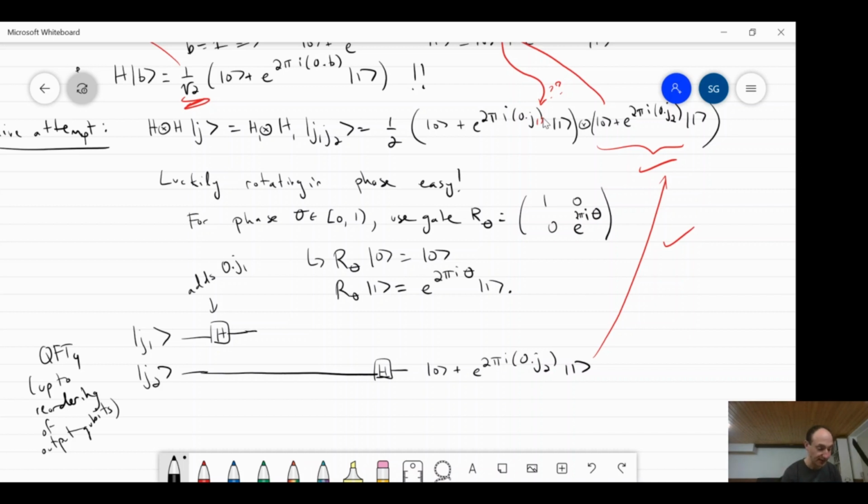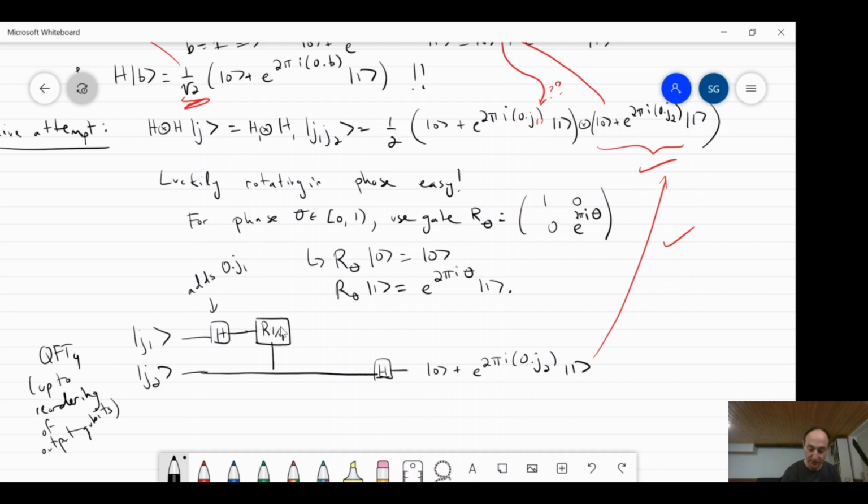Okay, so I get here, but now I need to rotate in the J2, and the way I'll do it is that it's got to be a phase, and the right choice of angle to take is 1/4. So why do you see a quarter here? Well, intuitively, you want to put J2 into the second slot in the decimal expansion. And the second slot in the decimal expansion is for the power 1/4, or 2 to the minus 2. So we have to shift it over one extra slot.